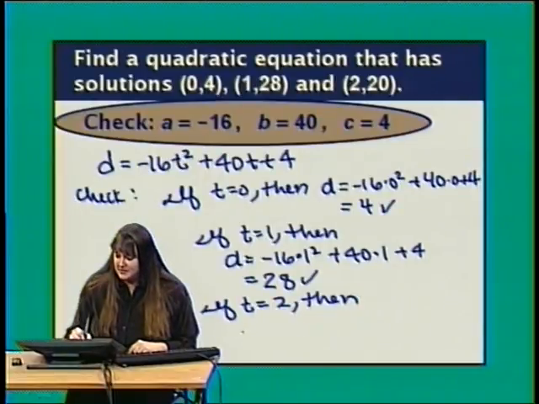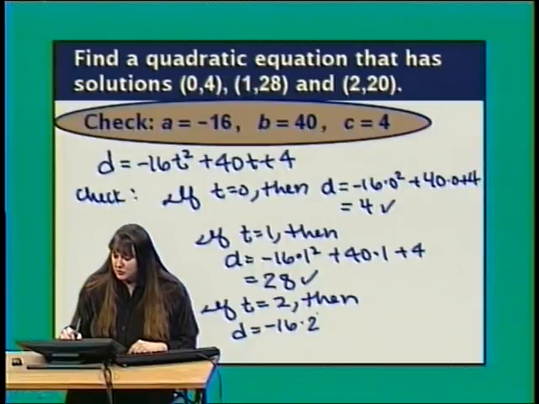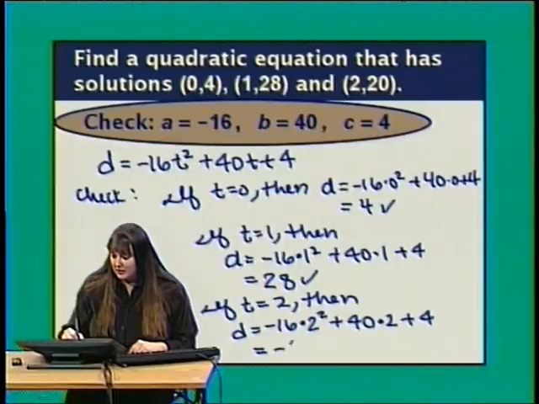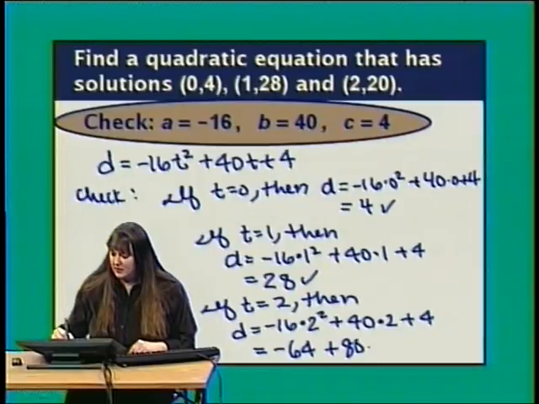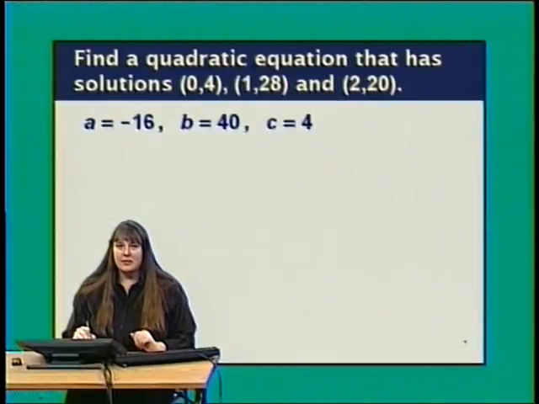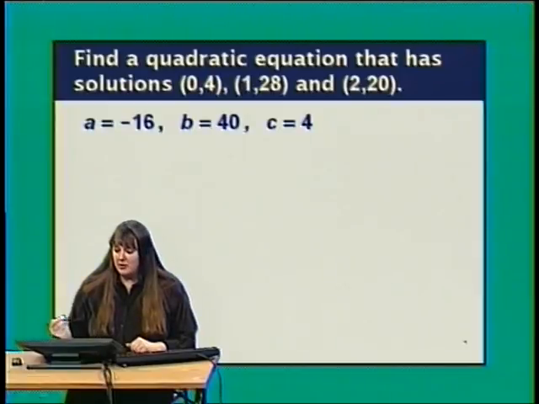Let's see what d is. d is negative 16 times 2 squared plus 40 times 2 plus 4. That's negative 16 times 4, which is negative 64, plus 40 times 2 is 80, plus 4. That's negative 64 plus 84, which is 20. So that checks. So let's go ahead and write our conclusion here.